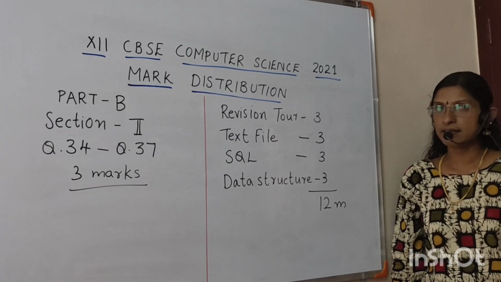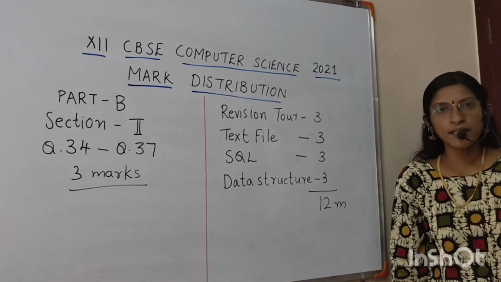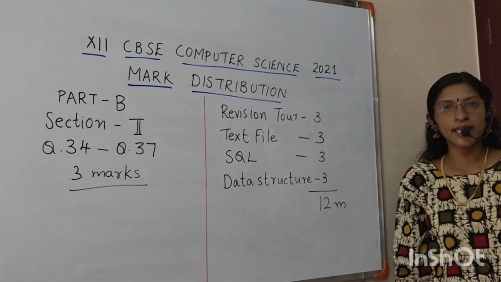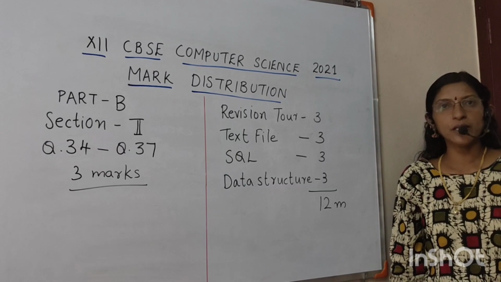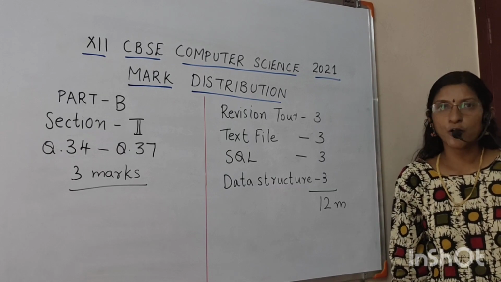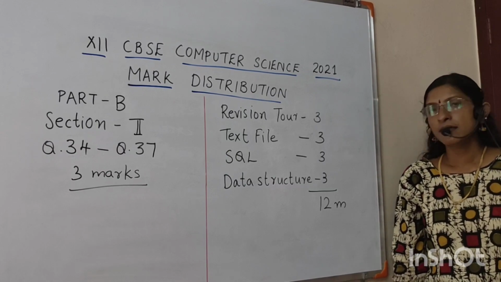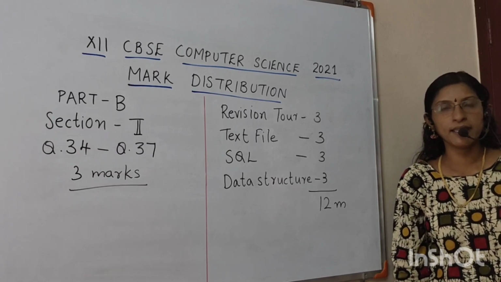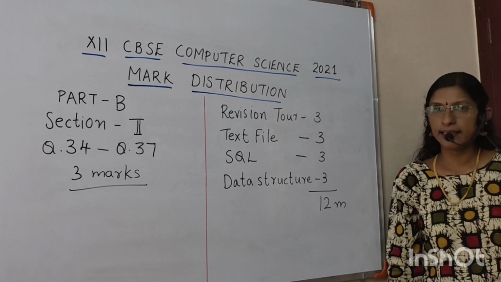Then from text files, a function to count the number of words or characters may be asked. From SQL, an output-based question will be asked. Data structure, that is stack, push, pop or count or display functions, will be asked in this part.